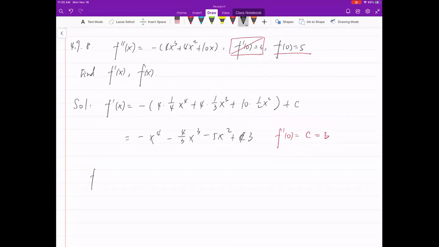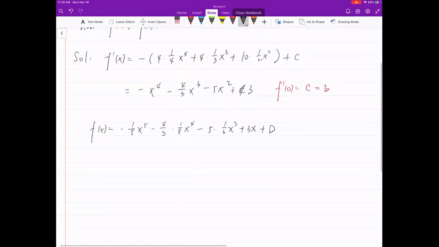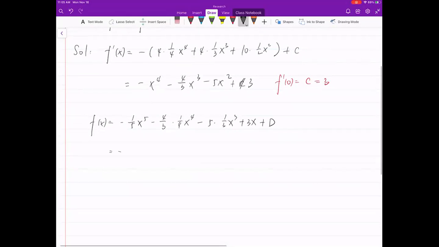Now the second part, f of x. Let's take the antiderivative of this, which is negative 1/5 x to the 5, plus 1/3 x to the 4, and so on. Now simplify a little bit.